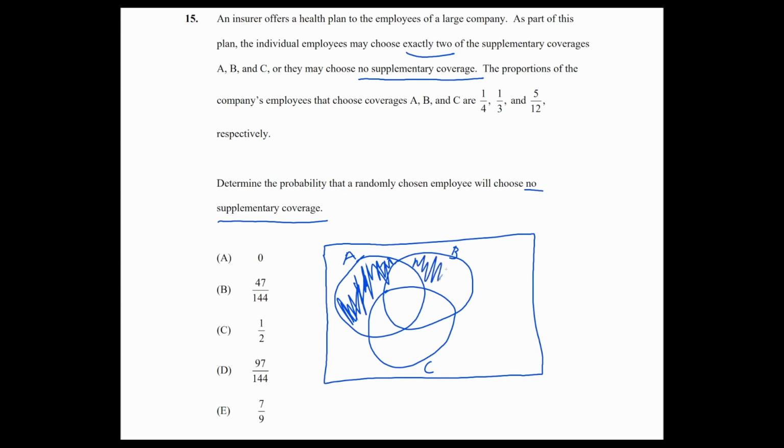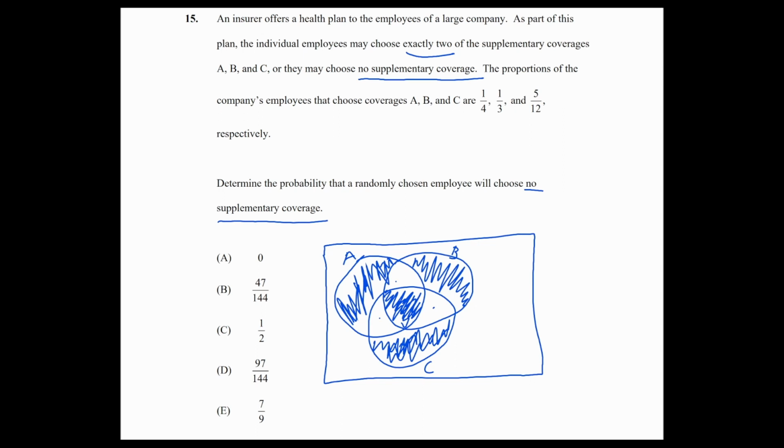This part also does not matter, and this part also does not matter, because they can't choose those parts. They also cannot choose this part. The only things that matter are here, here, and here, the ones where only two circles intersect at all times.